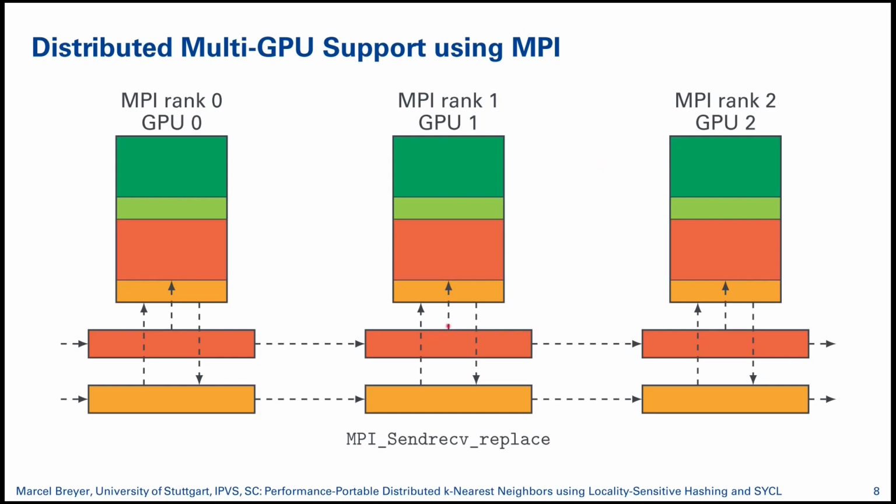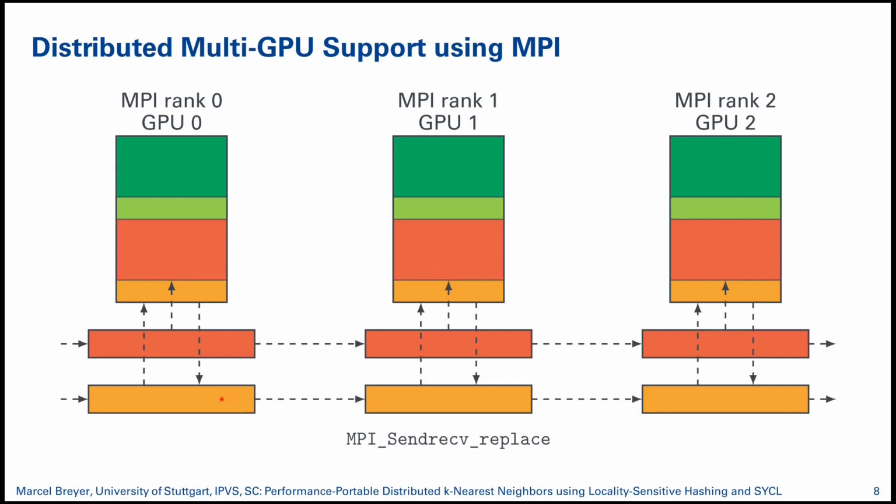So in each round, 1 MPI rank receives the part of the dataset from its previous rank, copies it onto the device, and asynchronously sends it to the next MPI rank using another STD thread to hide communication and computation.